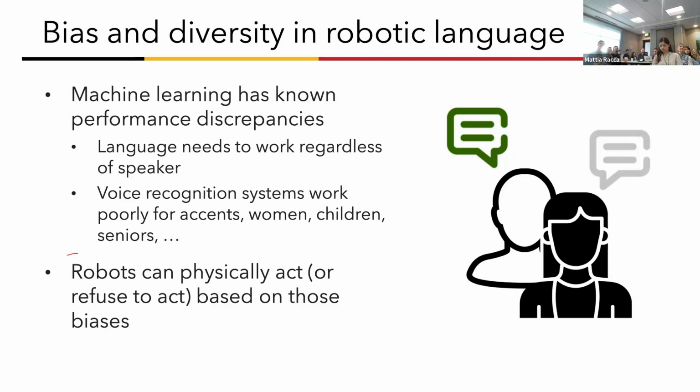So my group is actively doing research on how to avoid these kinds of allocational harms. The other concept of identity that we need to address when we're talking about robotics, and it's particularly relevant for robots with language, is the perceived identity of the robot. As an example, people tend to gender robots, right?